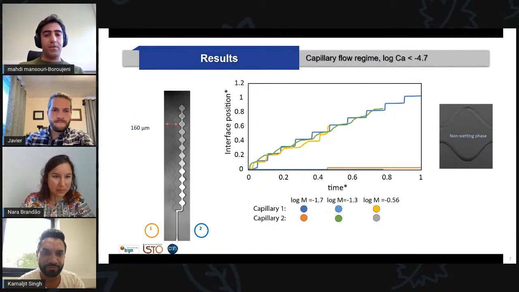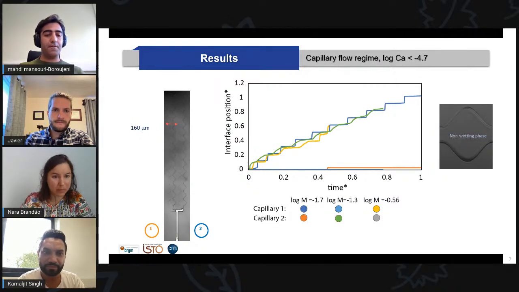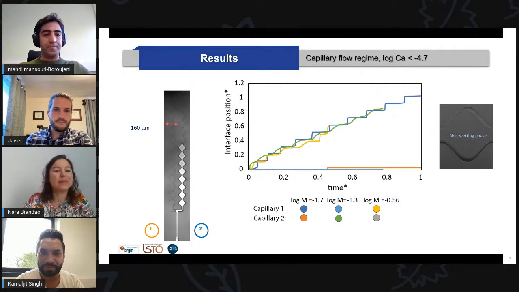Because especially at low capillary numbers, in the capillary flow regime, while the invasion is happening, the interface at other pores shows a response due to the Haines jumps. So there will be some oscillation at the interface while the Haines jump is happening. So definitely that could be interesting.